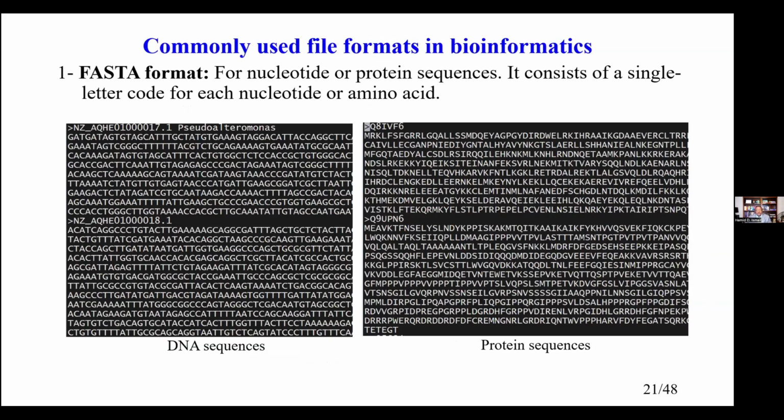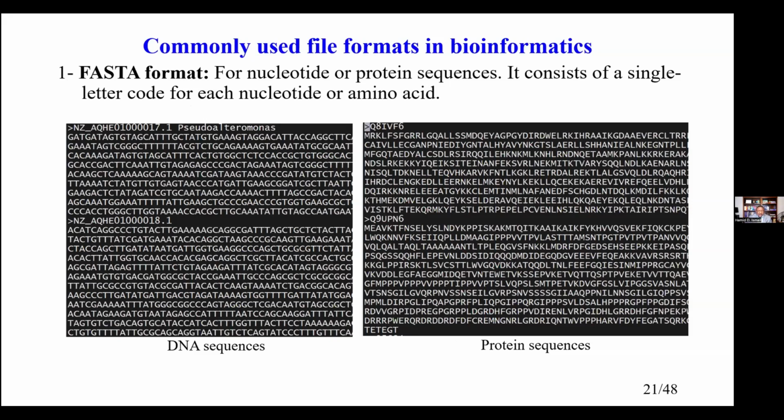Now, about the common data formats, and by the way, this is very important to understand because it will help us analyze. The first one is FASTA format, and FASTA format is very simple. It has only two parts. The first part begins with a greater-than sign and a description, and we can also include a unique number such as an accession number.